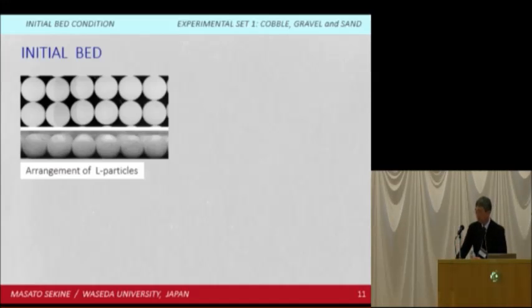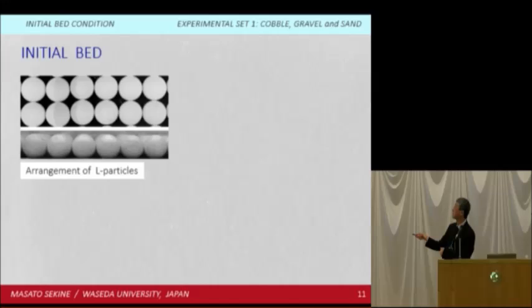I will first explain how we prepare the initial bed. At first, we put the L particles in the depressions like this. The upper one is the plan view, and the lower one is the side view.